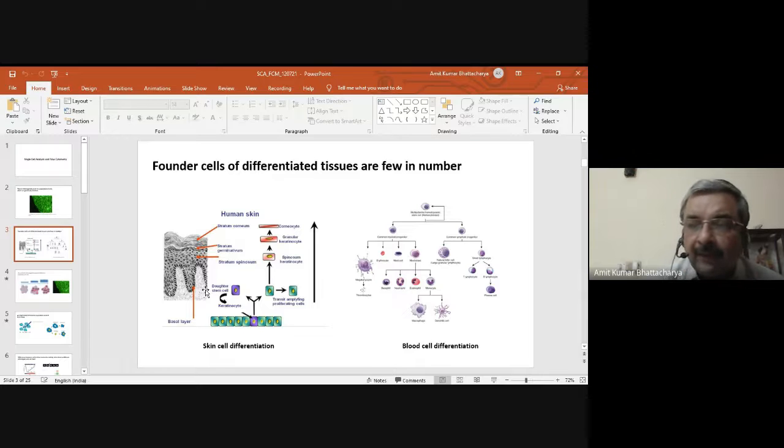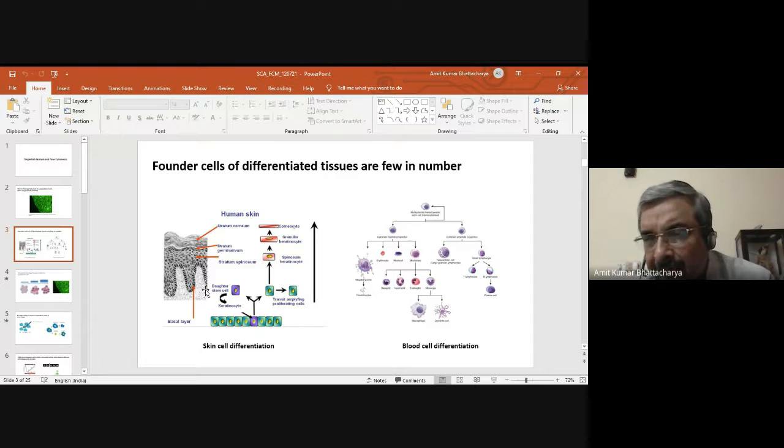Only if you look at the entire differentiated population one cell at a time do you realize that there are very few cells that are different. Let's say if you had 1,000 cells, there are around 5 cells in the total population which are different, and probably they are stem cells.